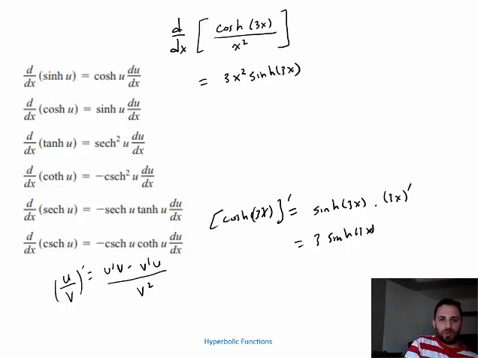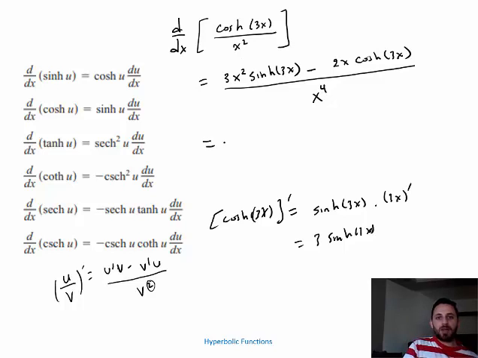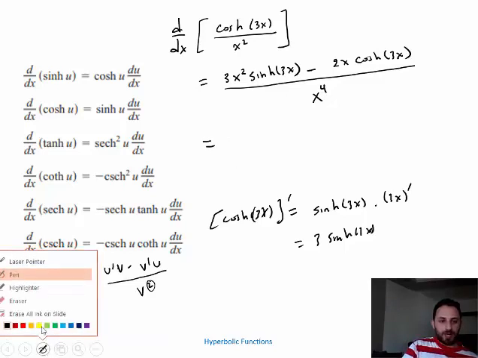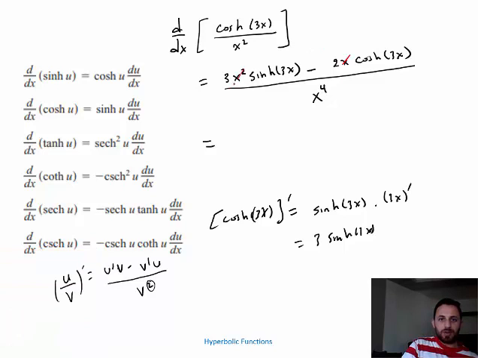So the derivative of the numerator is 3 sinh 3x, multiplied by x squared, minus the derivative of x squared, which is 2x, multiplied by cosh 3x, over x to the power 4, since x squared squared is x to the power 4. Now we can cancel one x. We end up with 3x sinh 3x minus 2 cosh 3x over x cubed.